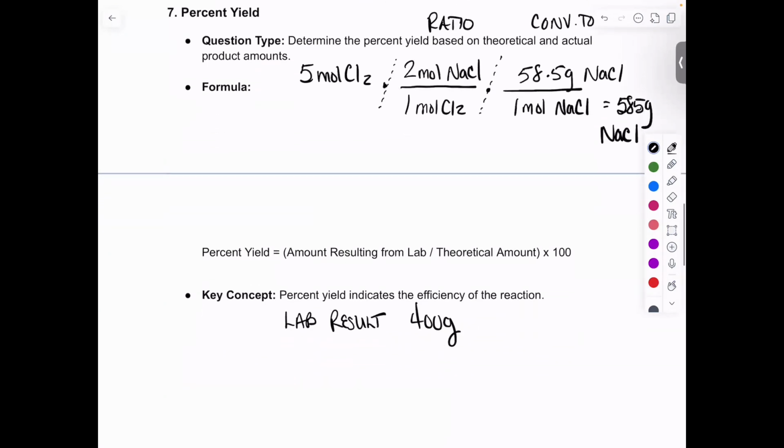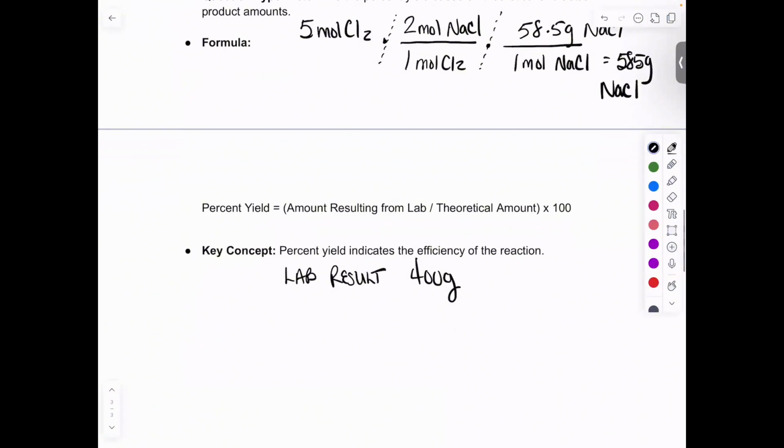It is not uncommon to get a low amount in these labs. It's just not theoretical. When we do stoichiometry, that's our ideal, the perfect world, but it's not perfect. There's error all over the place. All right, so I'm getting roughly 70%, 68.4.